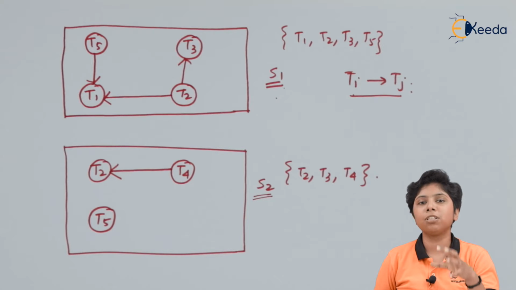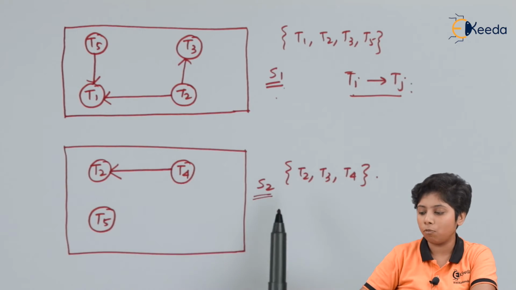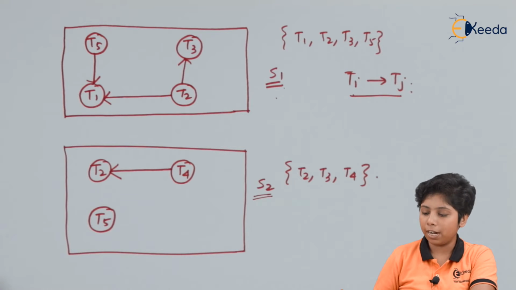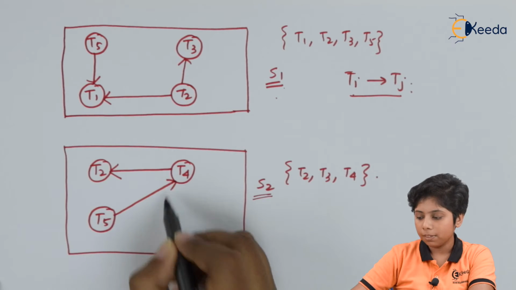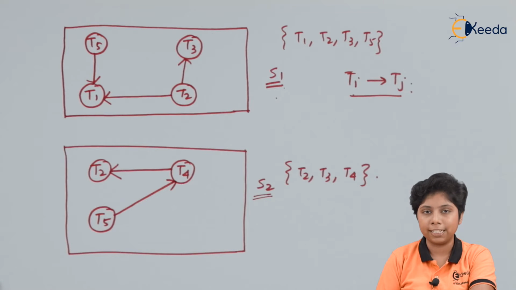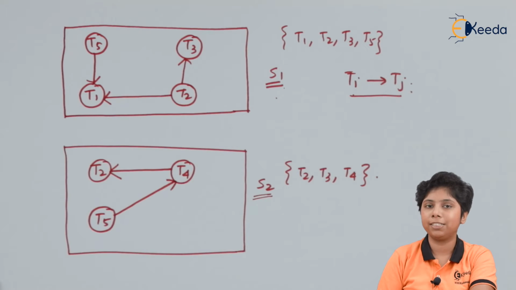But as they belong to a distributed system, we can see that one transaction from one site is dependent on another transaction. For another example, say T5 is waiting for transaction T4 to release its data, and T5 is also waiting for T1 to release its data.